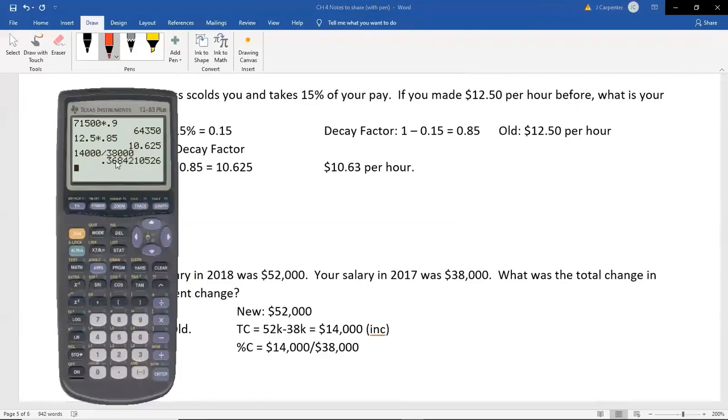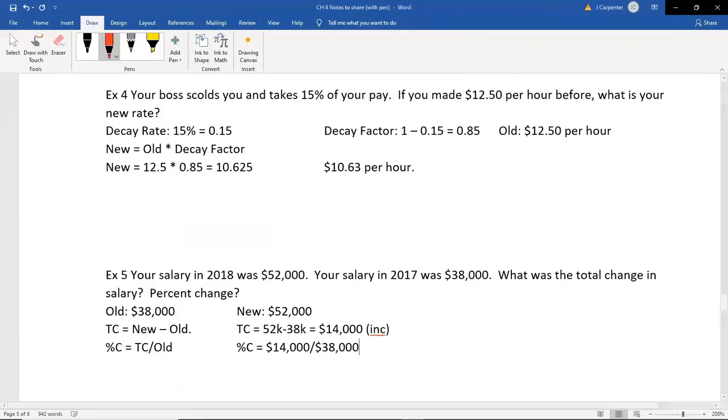We get 0.3684, which, when you convert this to a percent, because that's a decimal, is 36.84%, or 36.8, just depending on how you want to round.